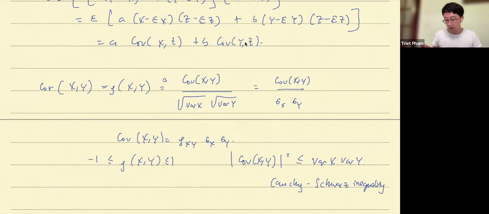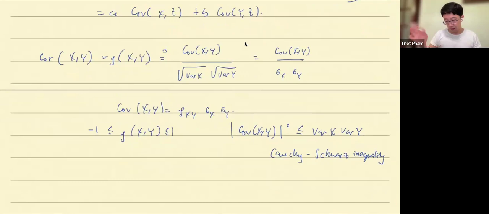It's a branch of, let's say, analysis, whatever. But you can look into the proof of the Cauchy-Schwarz inequality if you care to know. That's the reason why it's between -1 and 1.